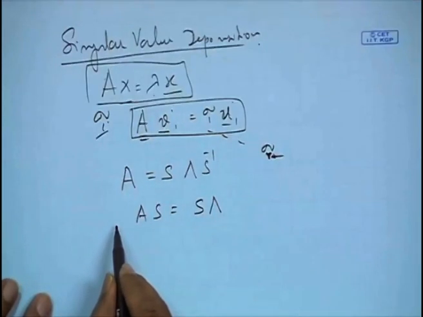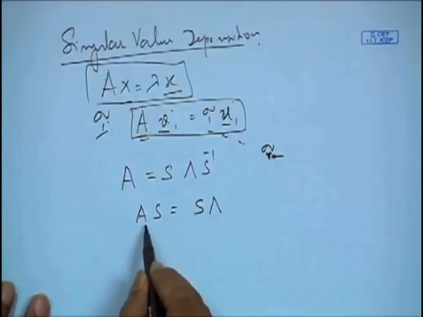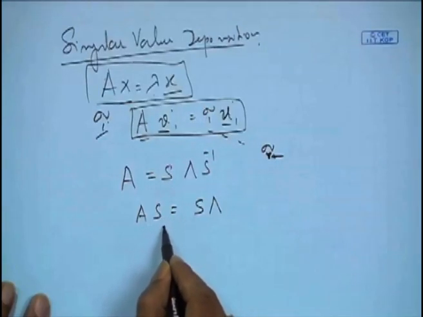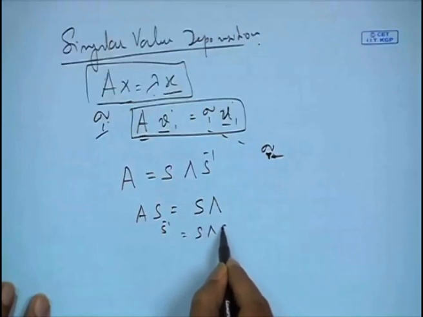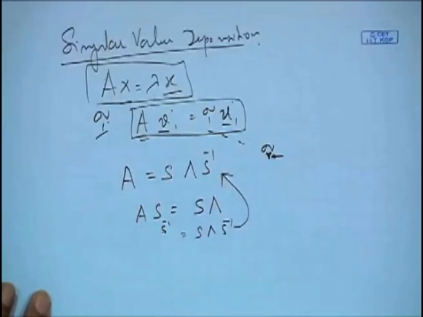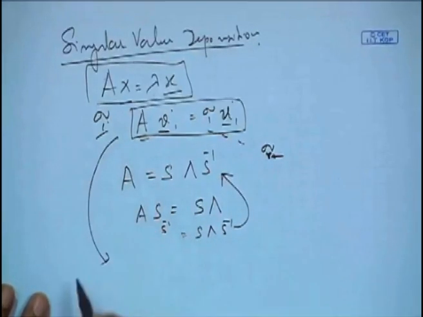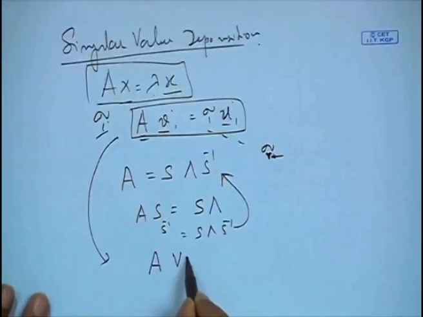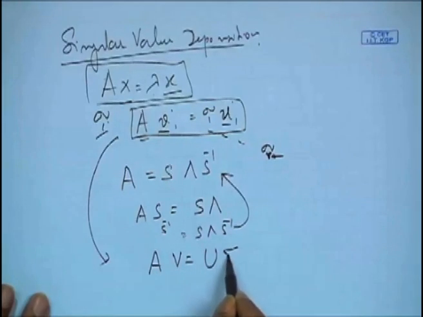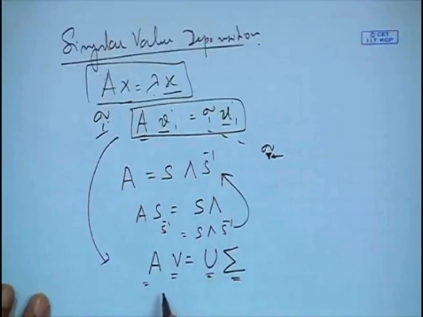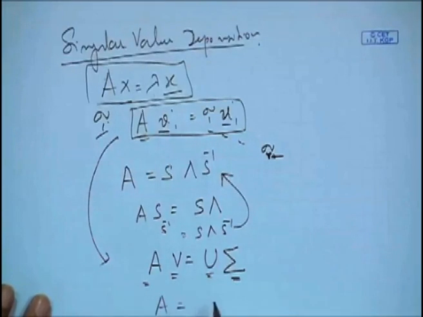If I multiply by S inverse on this side, I am going to get S lambda S inverse, which is this particular expression. So here, using this, you could write AV is equal to U times sigma. These are all matrices, and in other words, you could write A is equal to U sigma V Hermitian.